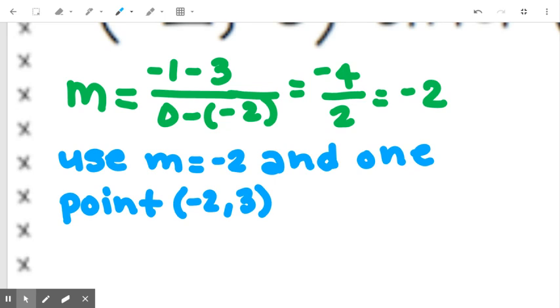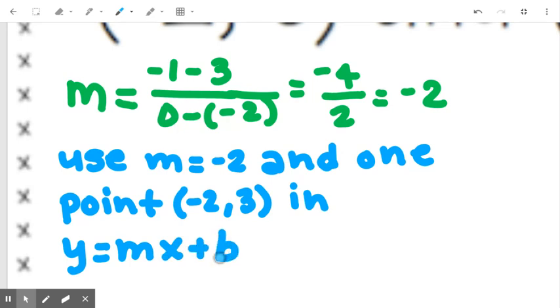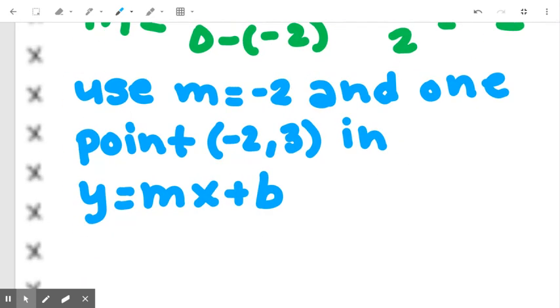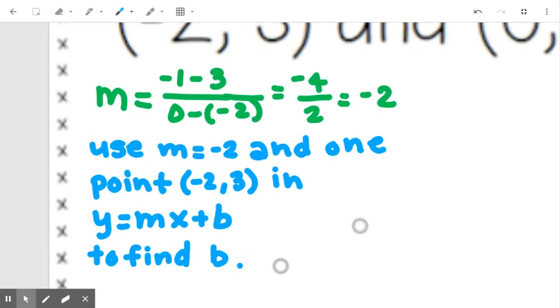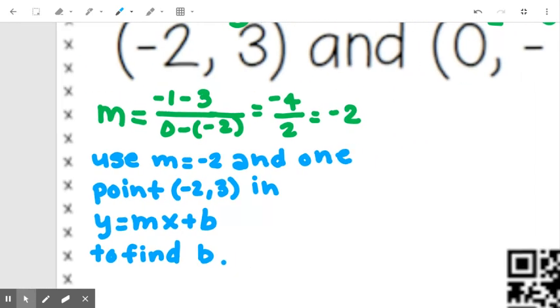I'm going to use the slope and that point, and put them into y equals mx plus b. That is going to allow me to find b. I need to find my slope because I need to find my y-intercept. I've already found my slope of -2.